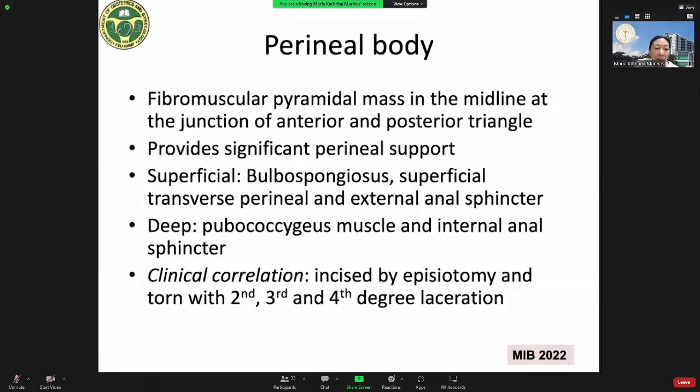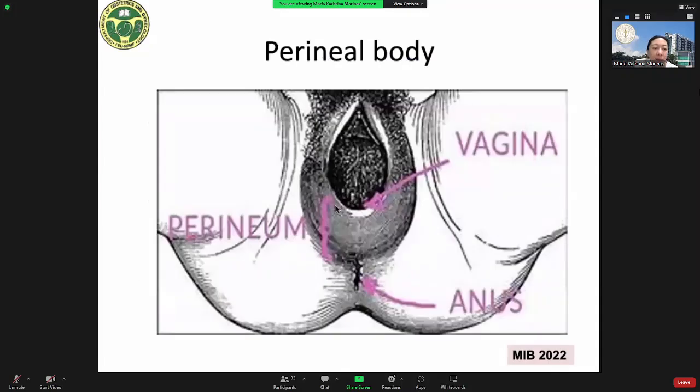The perineal body is a fibromuscular pyramidal mass in the middle at the junction of the anterior and posterior triangle. It provides significant perineal support. So this is a picture, if you can imagine, this is the head of the baby. This is the perineal body alongside here.